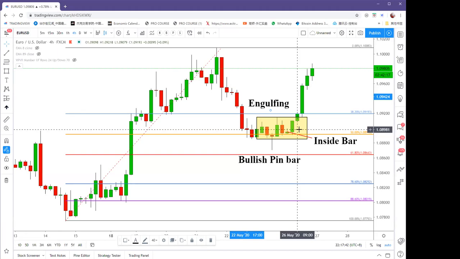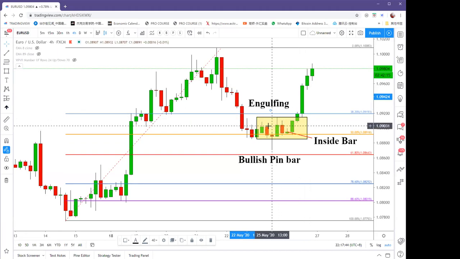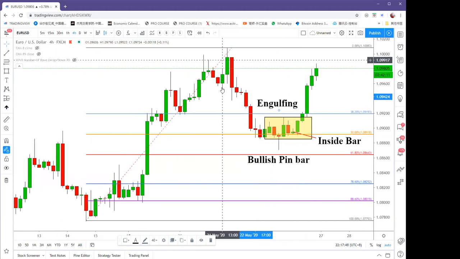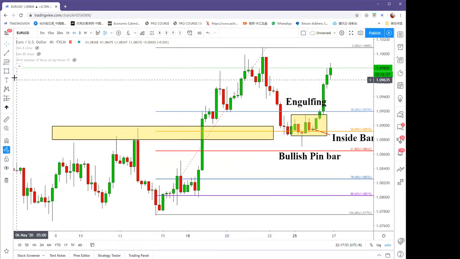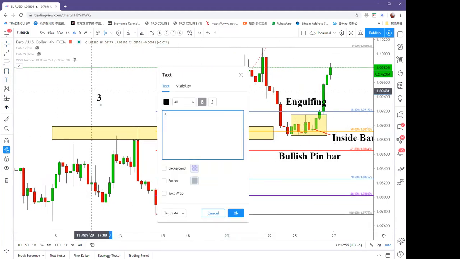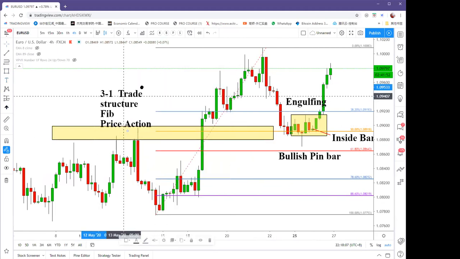So this is a very good example of how you combine the strategy of price action with Fibonacci and with the previous structure. So this is actually a 3-in-1 trade. We are using the structure, we are using the Fib, we are using the price action. So now you actually have some feeling.